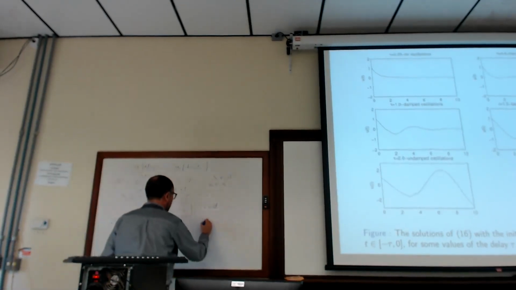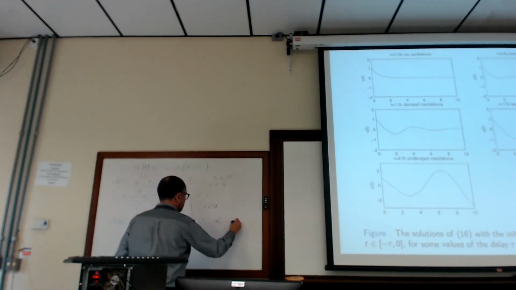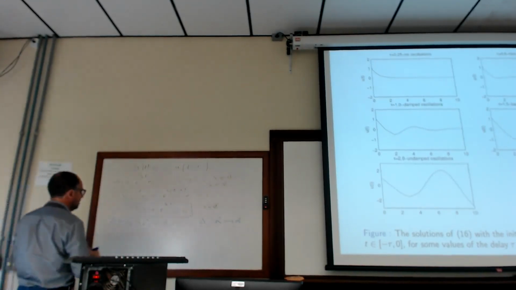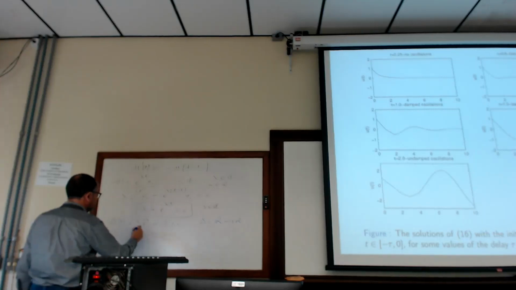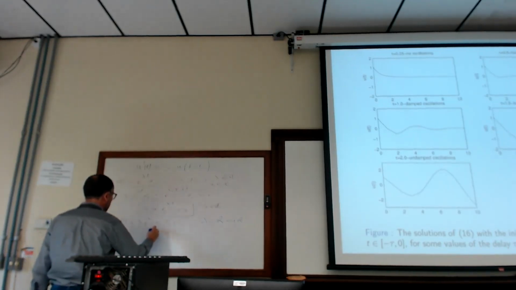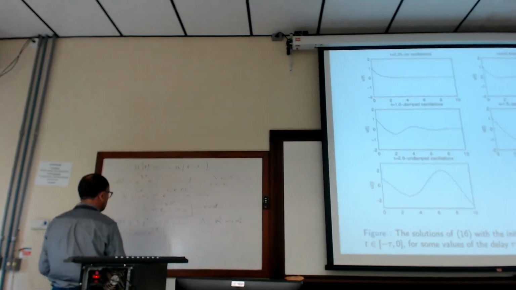like a function from R to R. Can we have a real solution? Yes. This is the derivative: exponential tau lambda times (1 plus tau lambda). It's always positive?